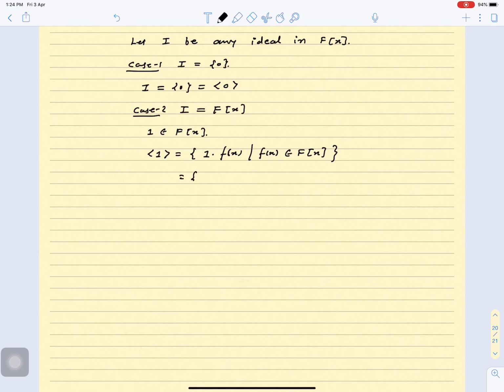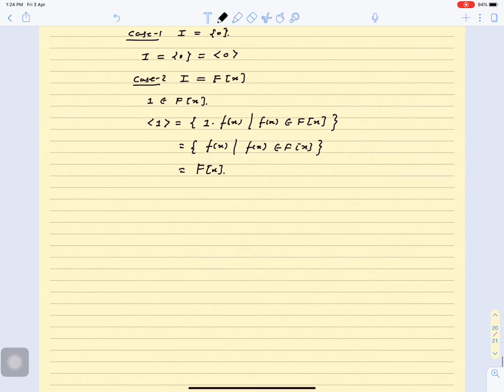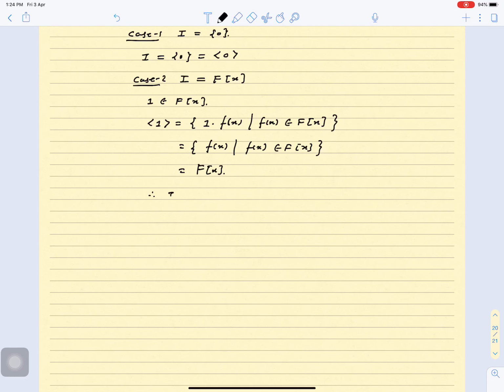But this set is what? 1 times f(x) is f(x), where f(x) belongs to F[x]. So this set is all of F[x]. So therefore if I is F[x], then it is generated by 1.